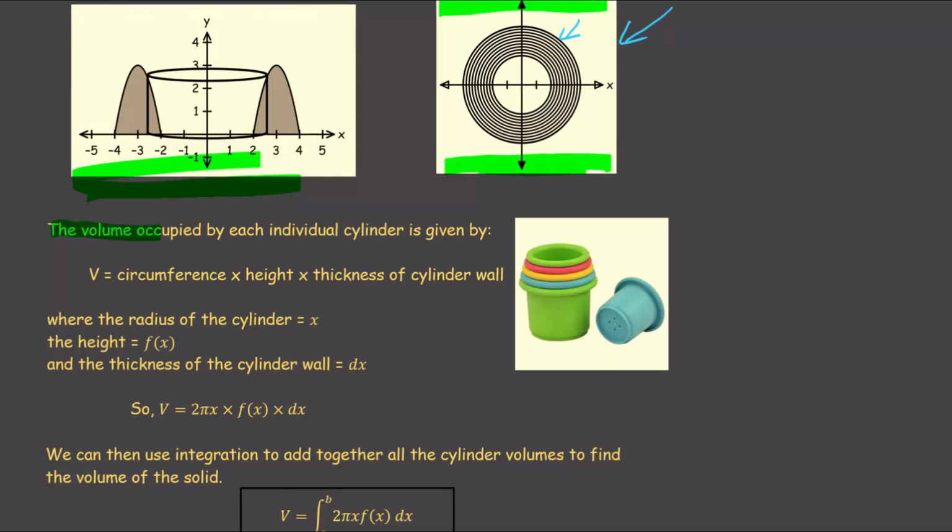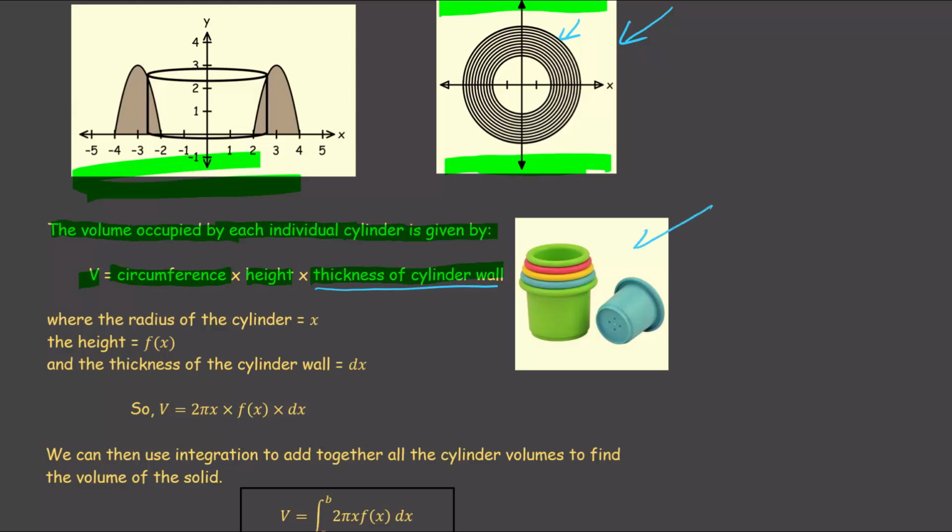The volume occupied by each individual cylinder is given by volume is the circumference times the height times the thickness of the cylinder wall. And of course it's that thickness that we're going to tend towards 0.